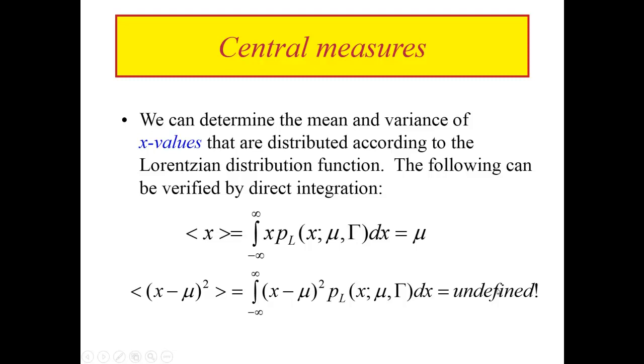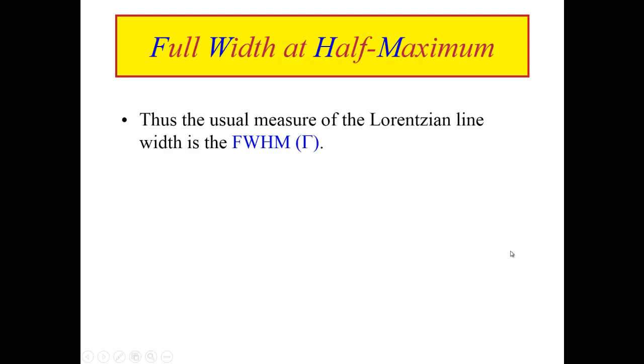Because those tails drop off so much less rapidly in the case of the Lorentzian function that we just cannot get a closed form value for sigma. It's undefined. So rather than have sigma be in the functional form for the Lorentzian function, that's why the gamma is in there.